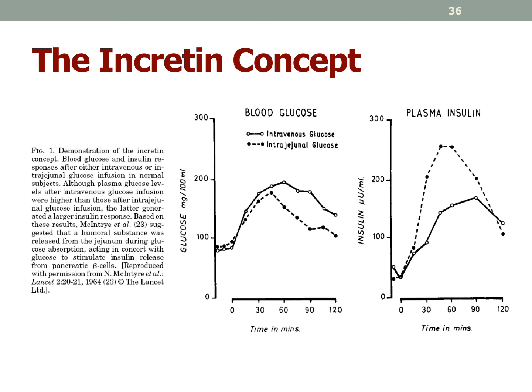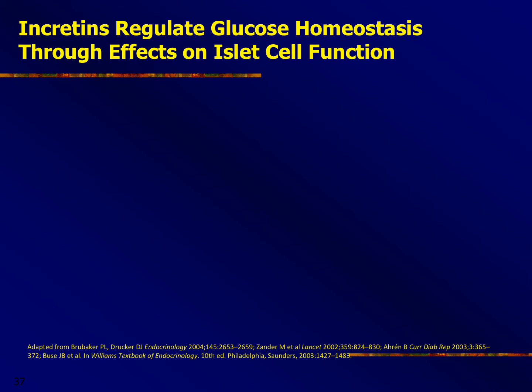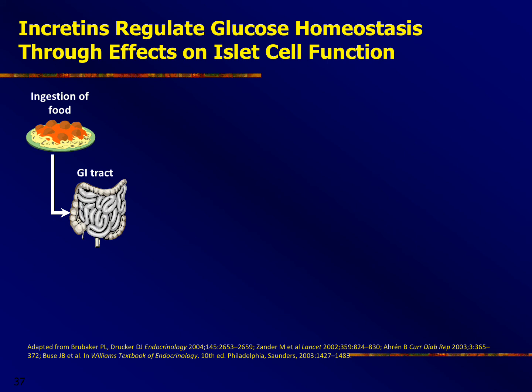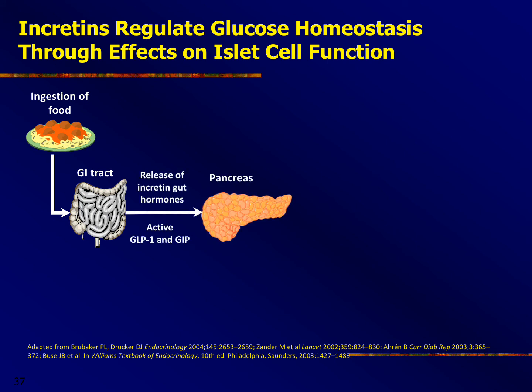In fact, the intravenous glucose in this experiment achieved a slightly higher plasma glucose concentration. However, it is the oral intake of glucose that led to a much higher secretion of insulin. And therefore, the idea is that when we ingest food, and as the food is being absorbed in the GI tract, your blood sugar starts to go up because of the absorption of glucose.